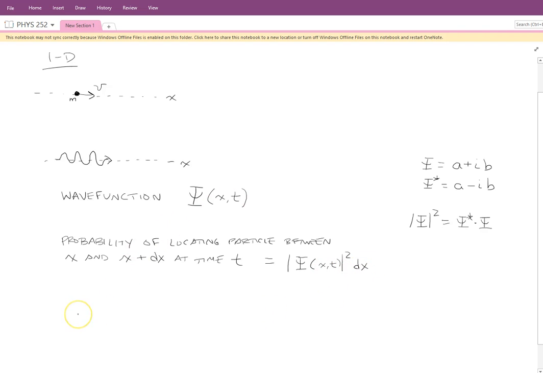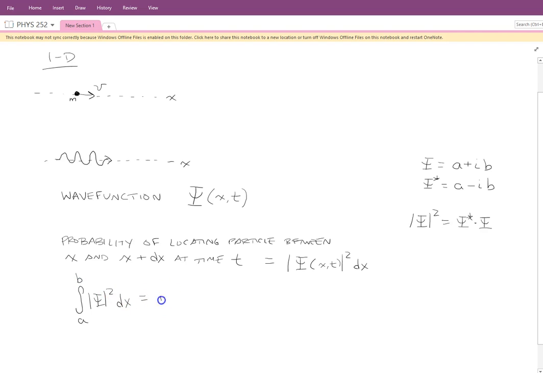Okay? All right, so that means then if we do this, let's say that we sum up the probabilities between two values of x from a to b.